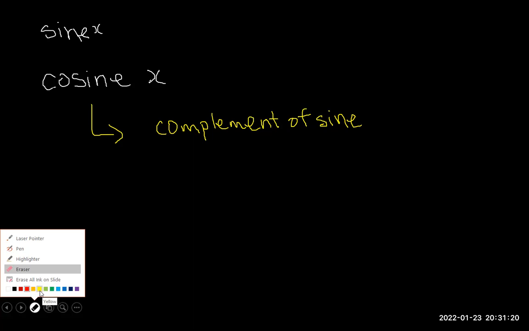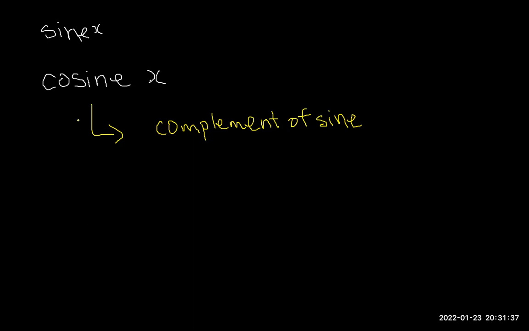So, let me show you. We said that cosine is the complement of sine. When I say complement, I'm referring to complementary angles. Complementary angles means that the sum of the angles is 90. And that is why we say that the relationship between sine and cosine is, say I have sine of x, that's my function.